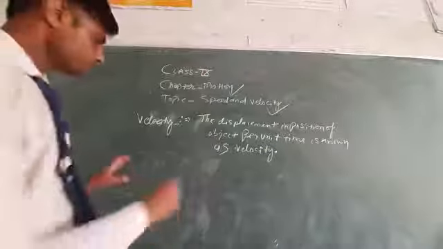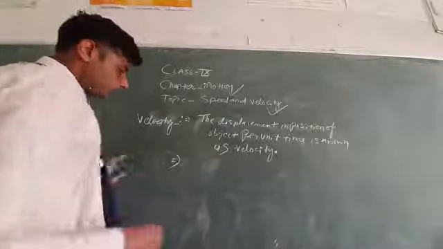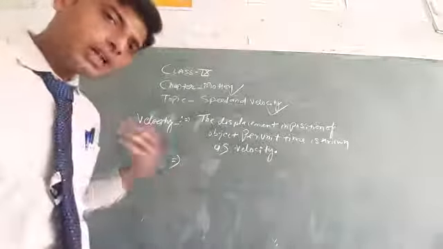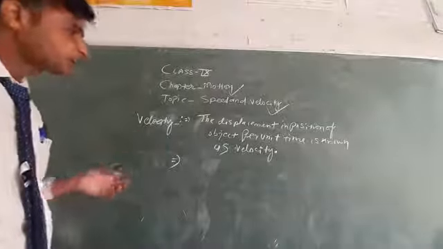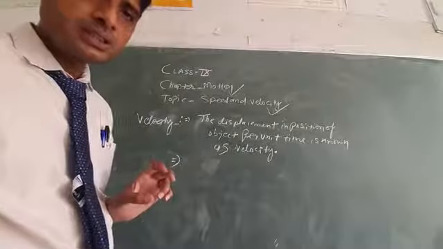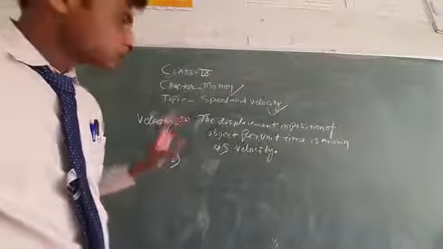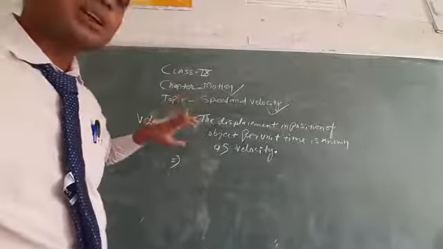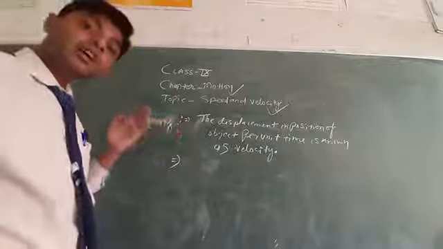Okay, so in other words, you can say the distance covered by an object per second in a certain direction.